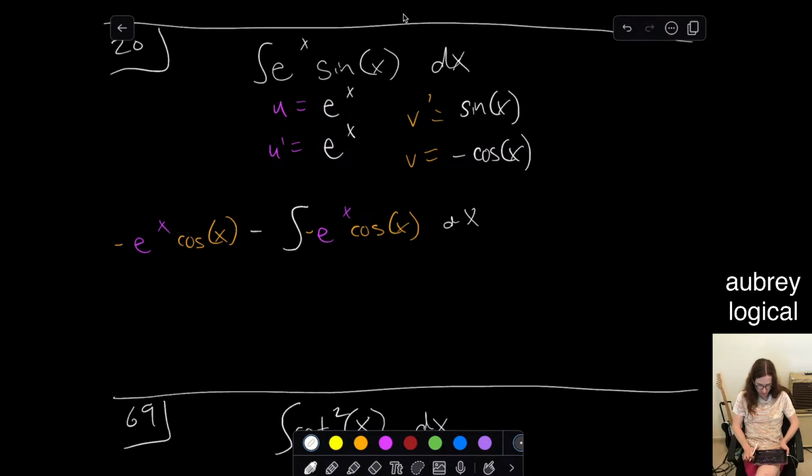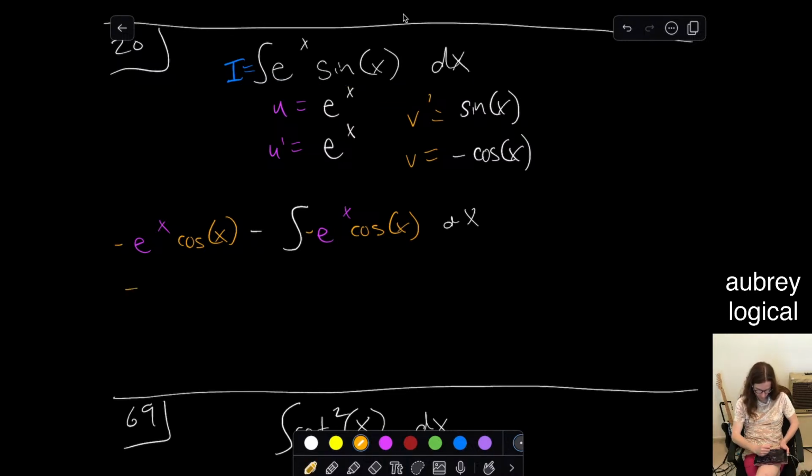Now this is integration by parts again, because we're going to end up, let's just go ahead and call this I. The integral of e to the x times sine of x dx is called I. So we're going to end up getting back to this, and I'll show you in a second.